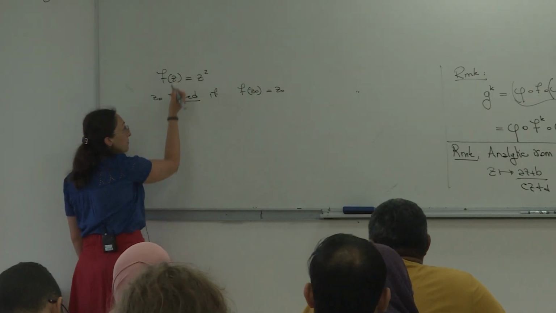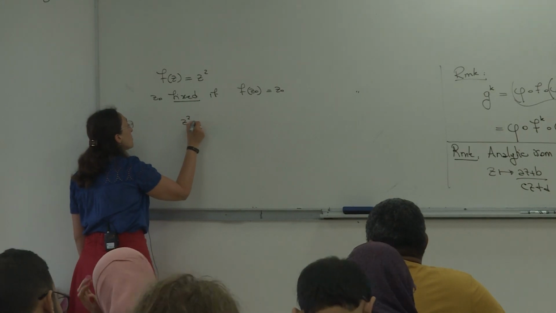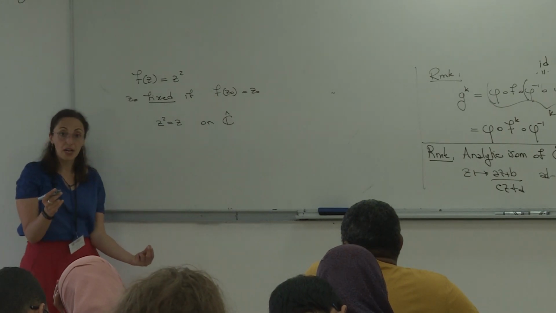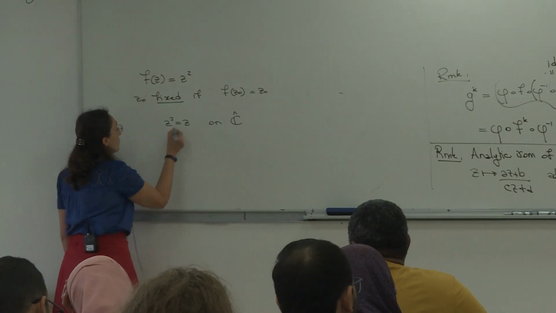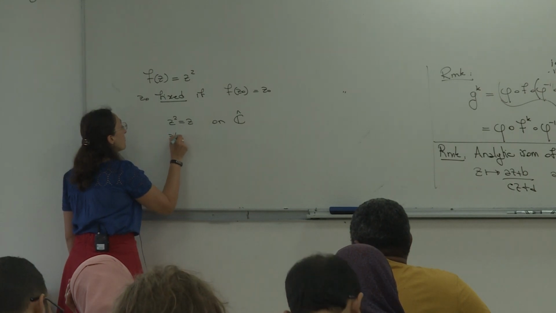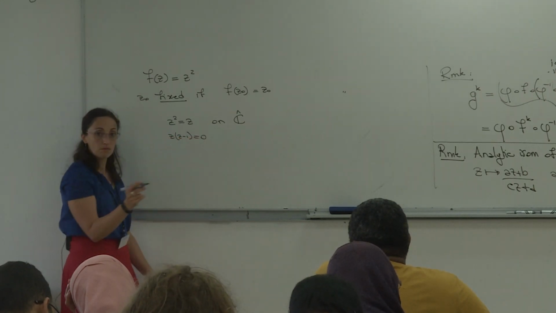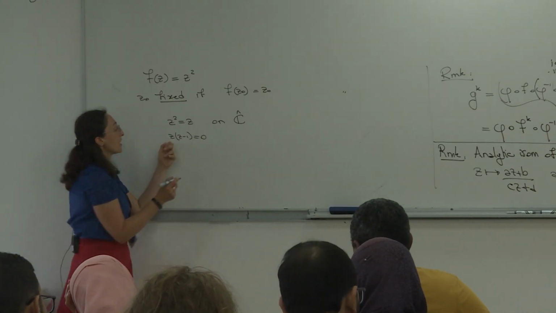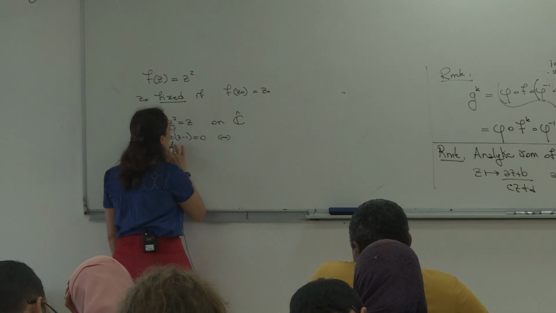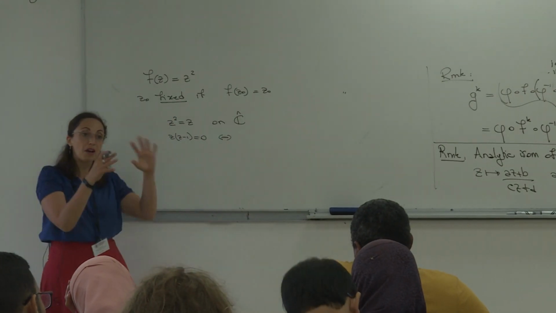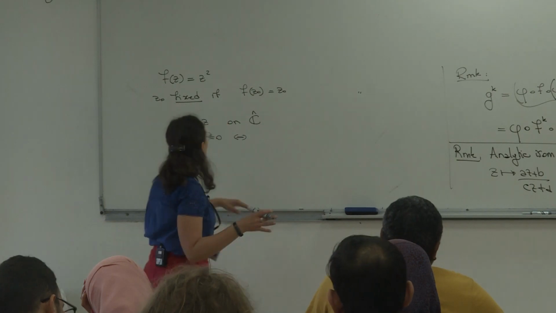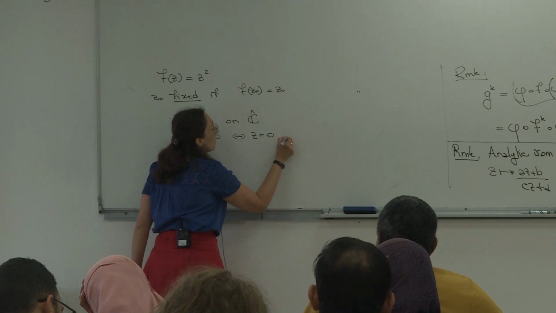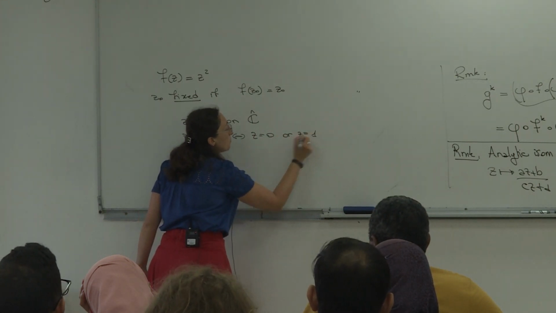And so what happens for this map? If you solve z squared equal to z on C hat, I can rewrite this as z times (z minus 1) equals 0. Since we're on the complex plane where we don't have zero divisors, z is equal to either 0 or 1.